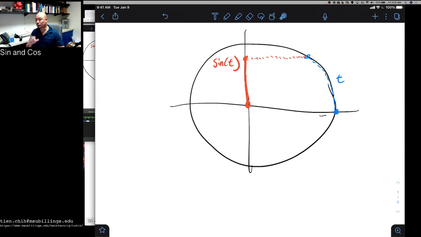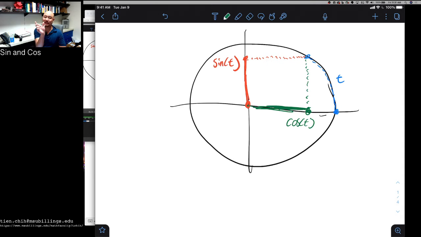Its sort of dual concept is something called the cosine. And the cosine is just, well, instead of measuring how far up and down we're going, we can measure how far forward or back we're going. So if I drop the line down here and I measure how far forward we've gone, this would measure cosine of t.